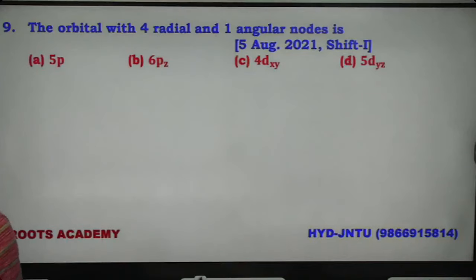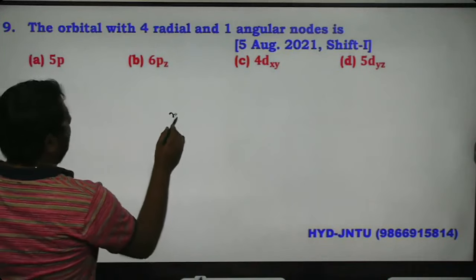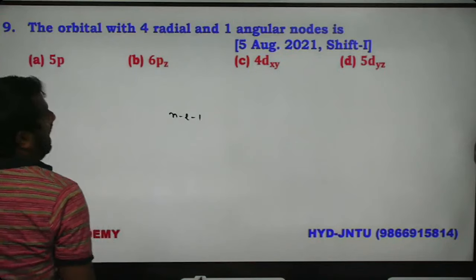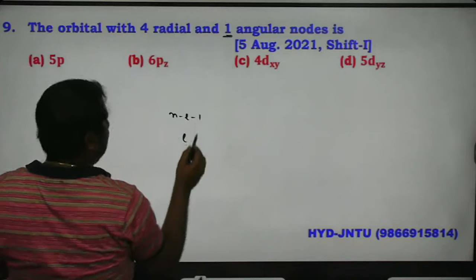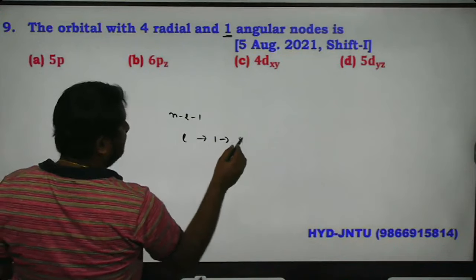Next one. The orbital with 4 radial and 1 angular node. Radial node formula n - l - 1. Angular node means l. How many angular nodes is given? 1. 1 indicates l value 1 means p.